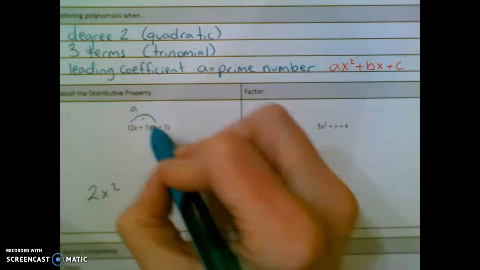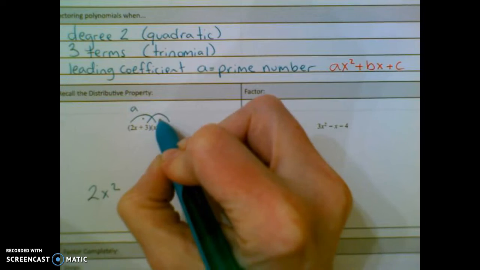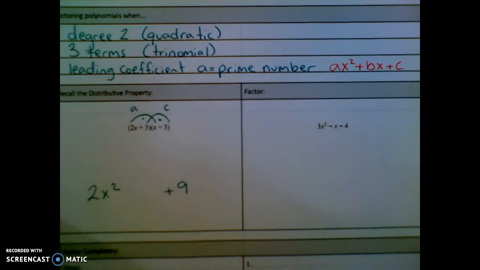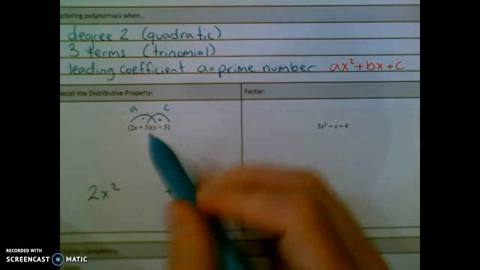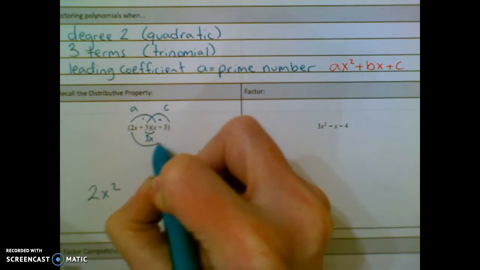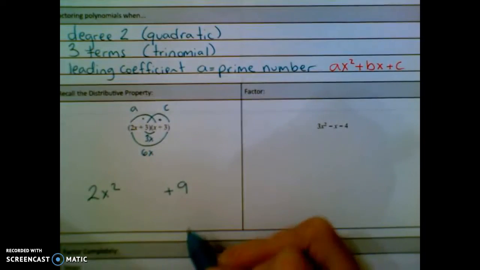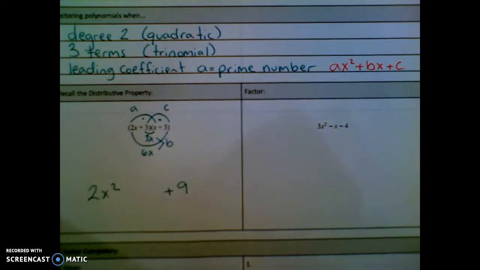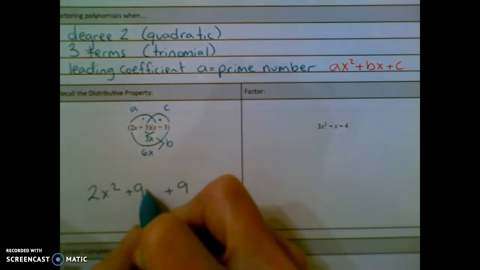Then we multiply these two last terms together. That gets our c term. That's our plus 9. But this b term in the middle comes from both this guy, which is a 3x, and this guy, which is a 6x. Those two things added together become our b term. So 3x and 6x together become a positive 9x.